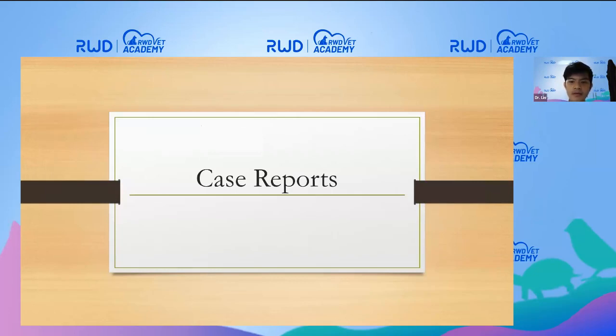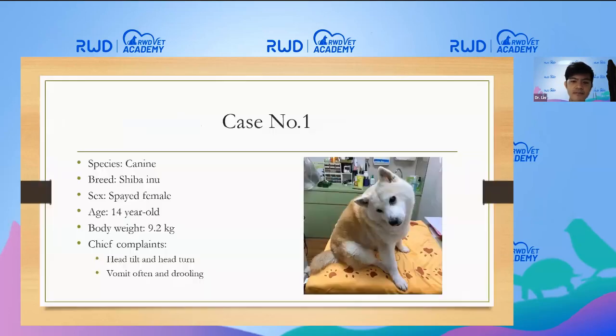Okay, let's go into the last part, case reports. Case number 1 is a spayed female Shiba Inu, 14 years old. Chief complaints are head tilt and head turn for a week, vomiting often and drooling, and poor appetite.